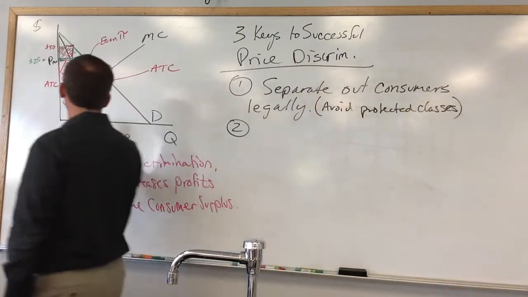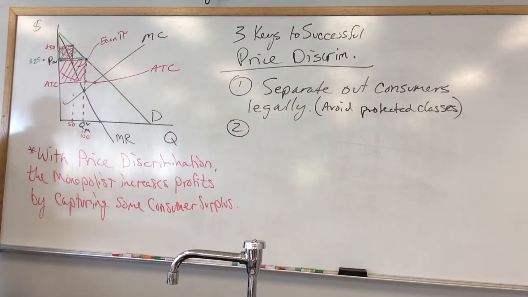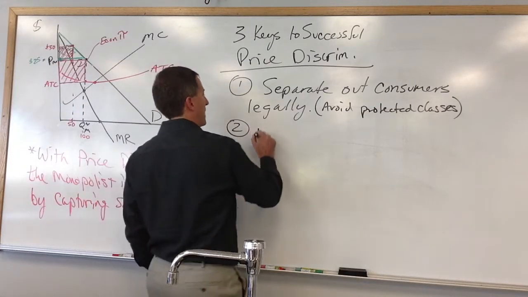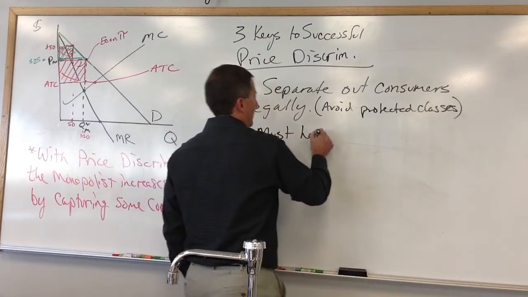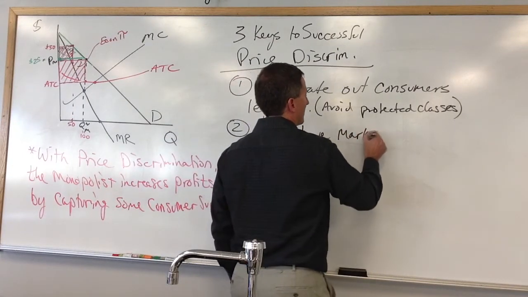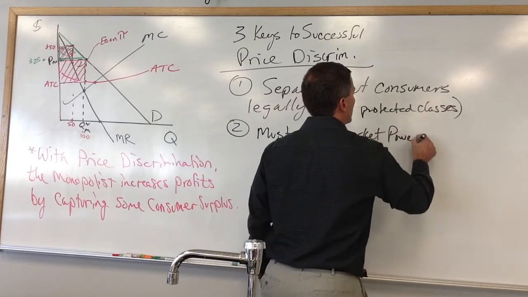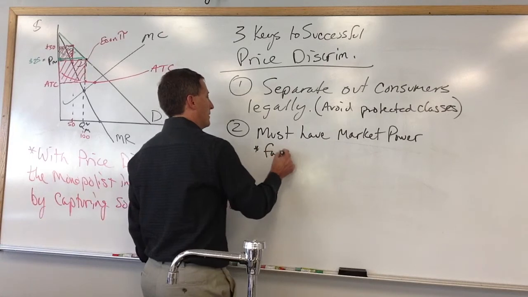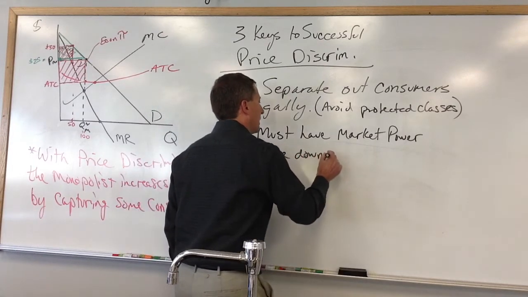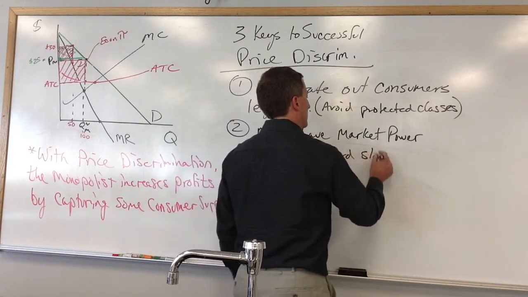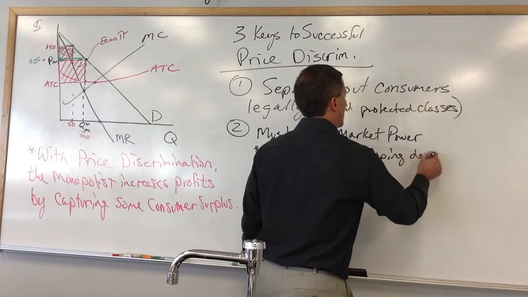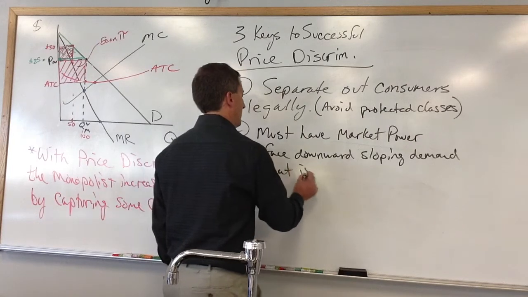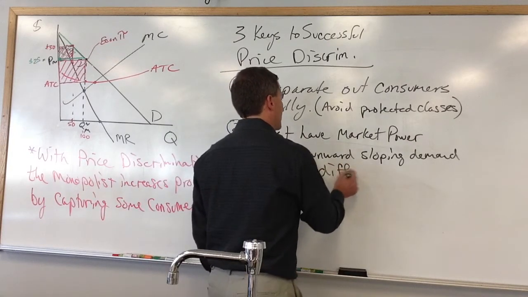So anytime you face a downward sloping demand curve, you're okay to possibly do this. So you must have market power. That means face downward sloping demand that is different in each group.